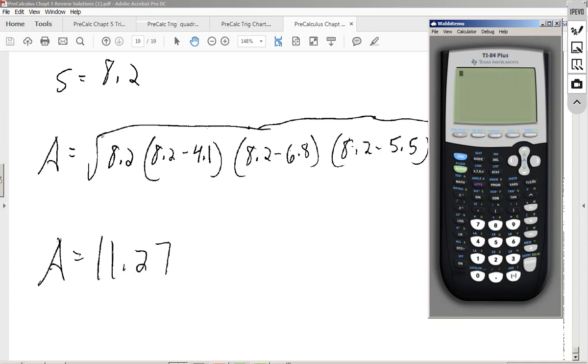Substituting this into your calculator, I'm going to clear out my other entry and hit square root. I've got 8.2, and I need parentheses around 8.2 minus 4.1, and then parentheses around my 8.2 minus 6.8, and then parentheses around my 8.2 minus my 5.5.